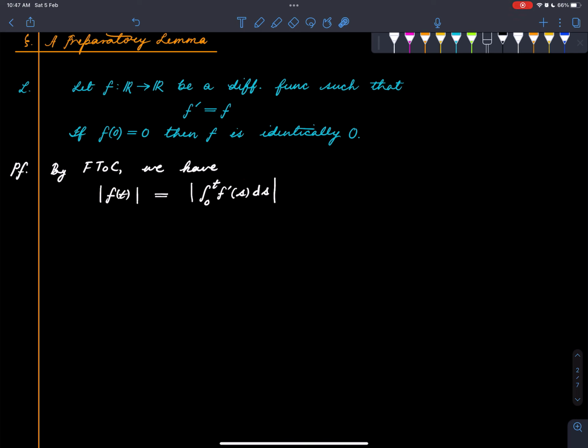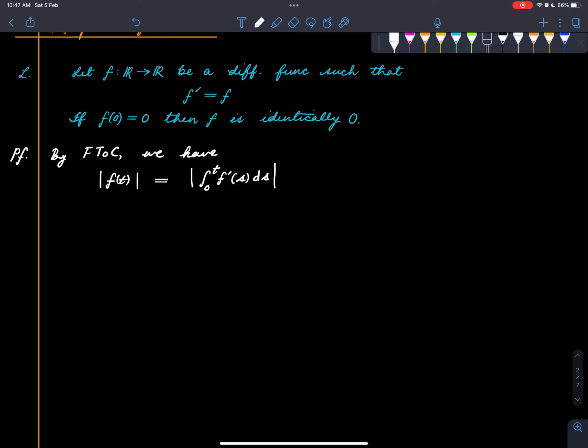Okay, great. So we get this is equal to the integral of f, because f prime is equal to f. Of course we have this equality, and this is at most the integral of the absolute value. This is one of the things that we discussed earlier in the module on Riemann integration.